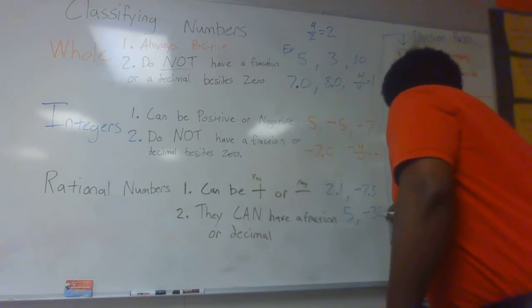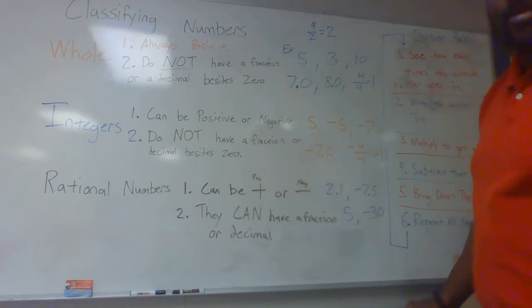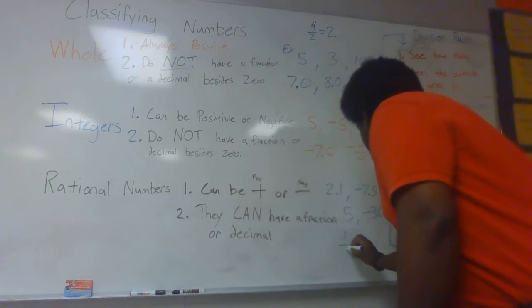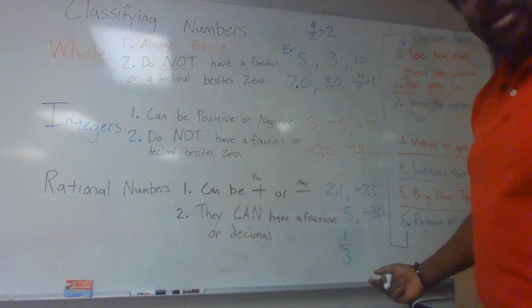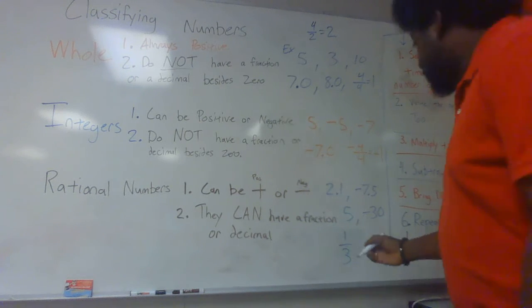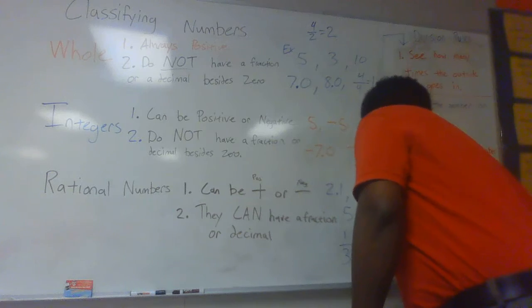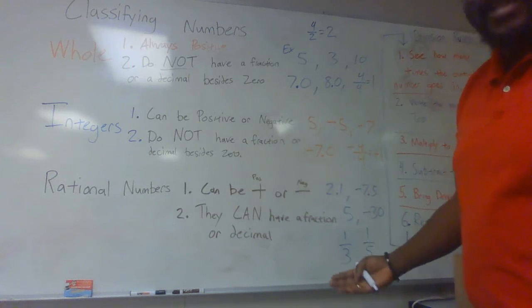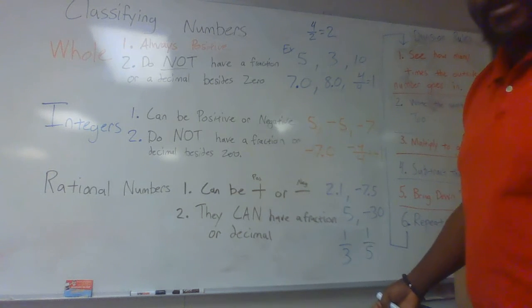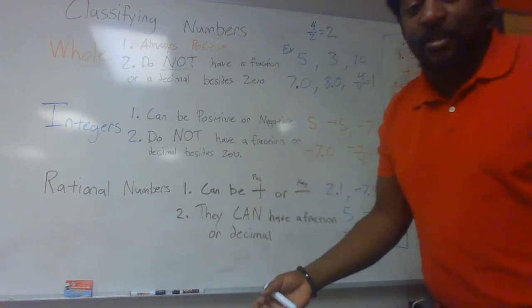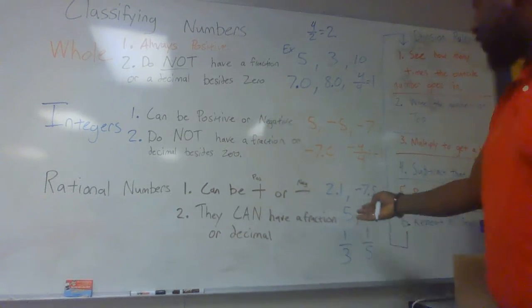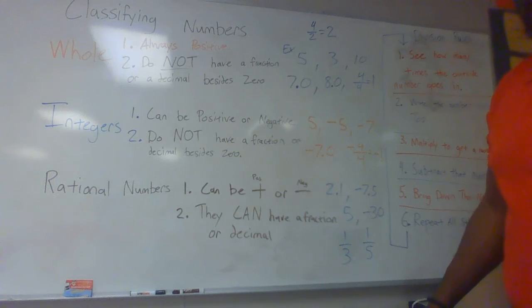Negative 30 is a rational number. 1/3 will give you a decimal, but it is still a rational number. 1/5 is a rational number. Y'all, rational numbers are the easiest ones. Honestly, almost every single number we talk about in 6th grade falls into this rational number category.